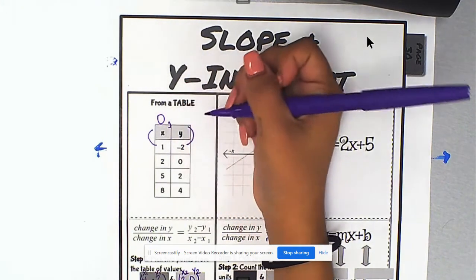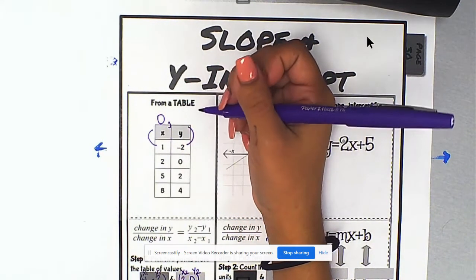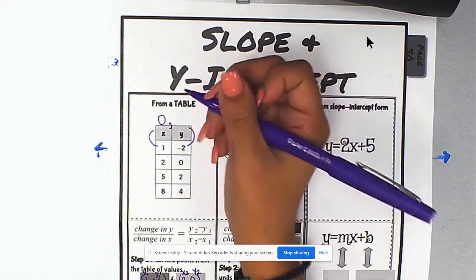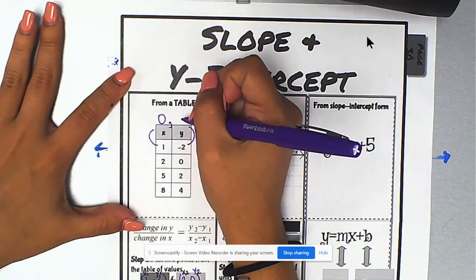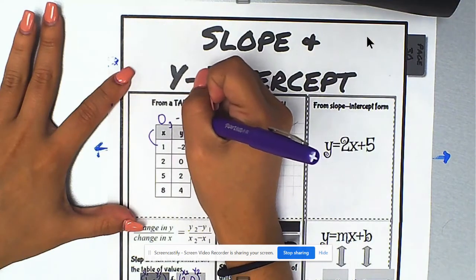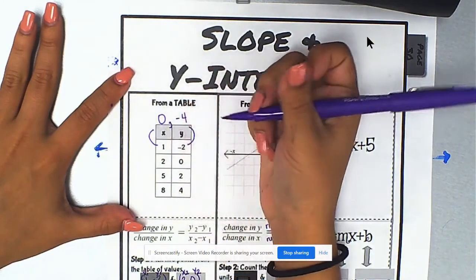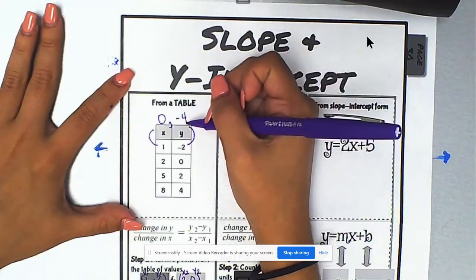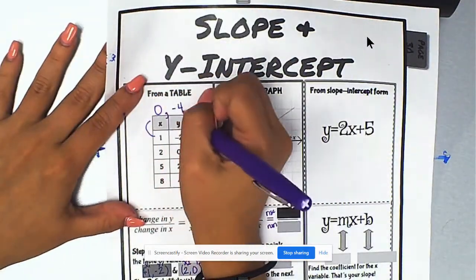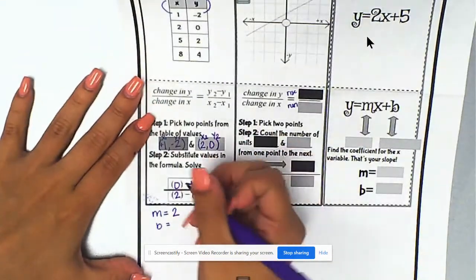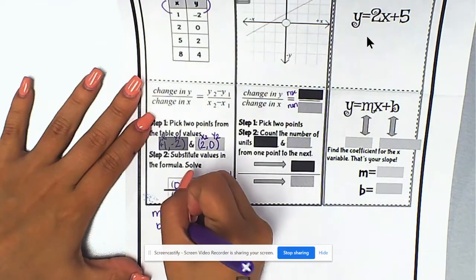Going to go back. Okay, so it should be -4. So wherever my x is 0, that's going to be my y-intercept.